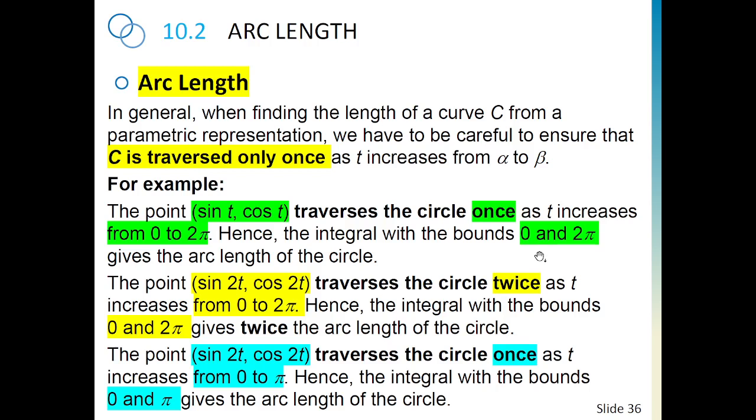In most cases that is by default, but it's just important to realize that for the circle you can have several descriptions, and depending on the descriptions, you need to make sure that your parameter runs in a correct interval.